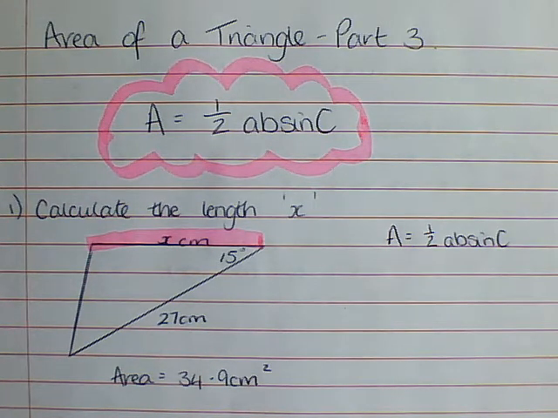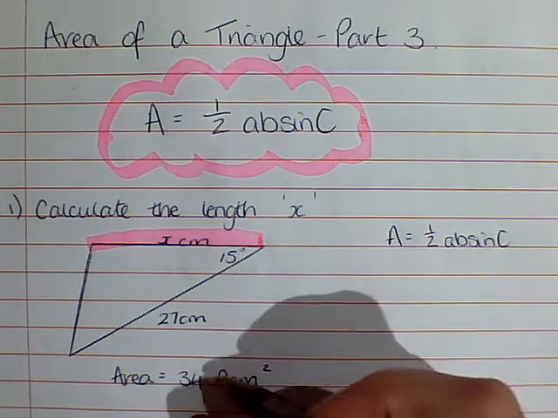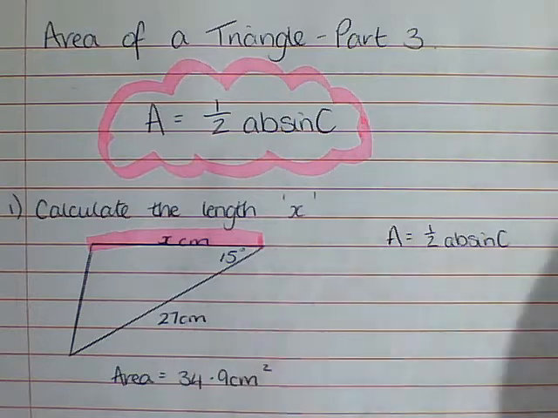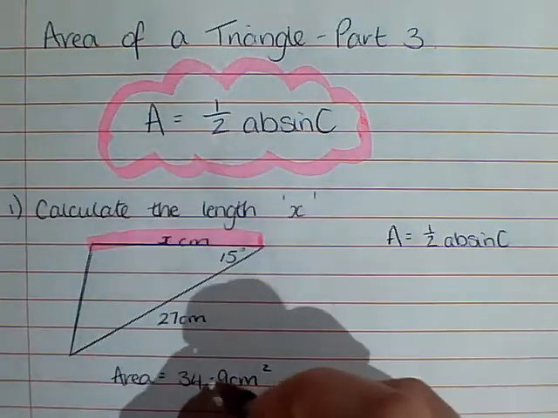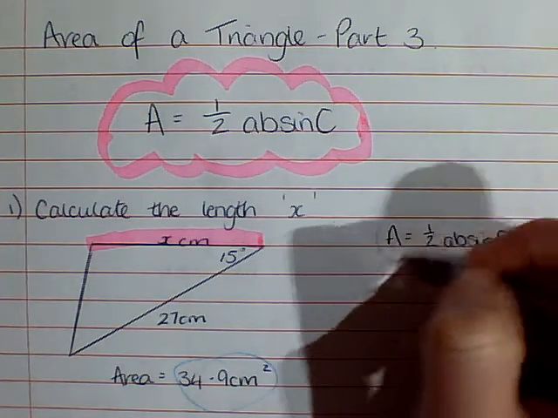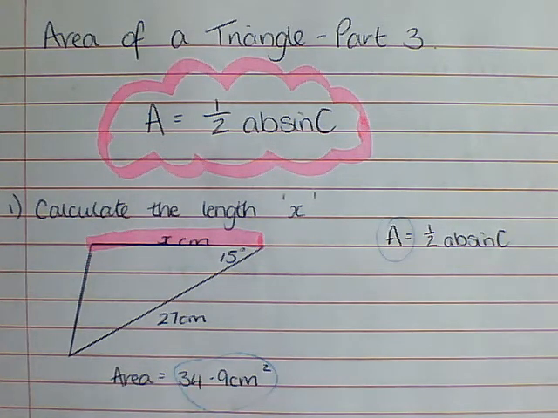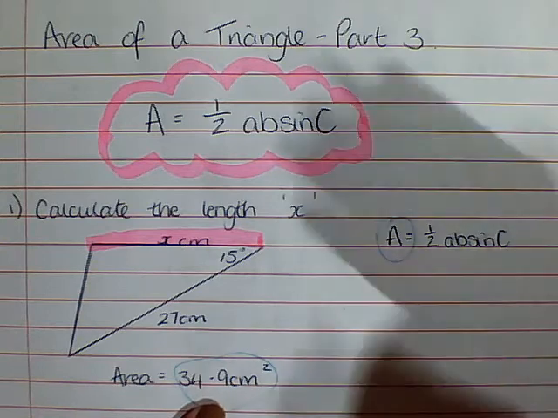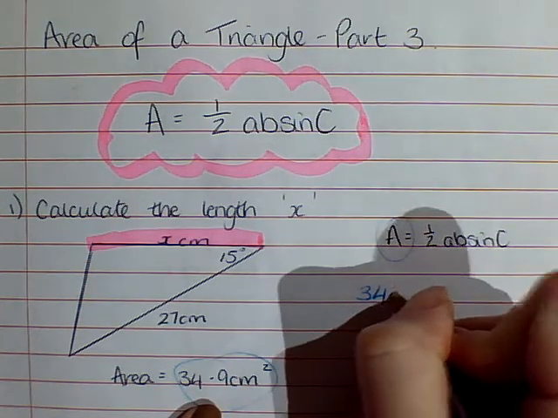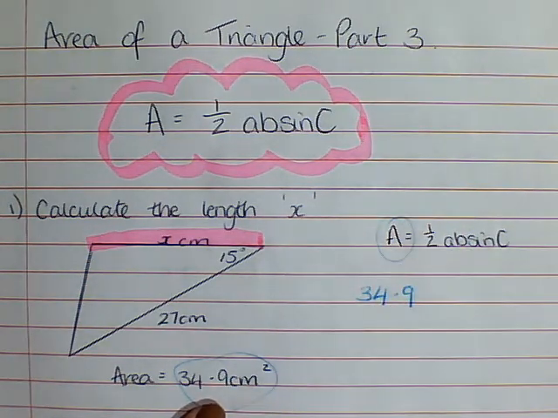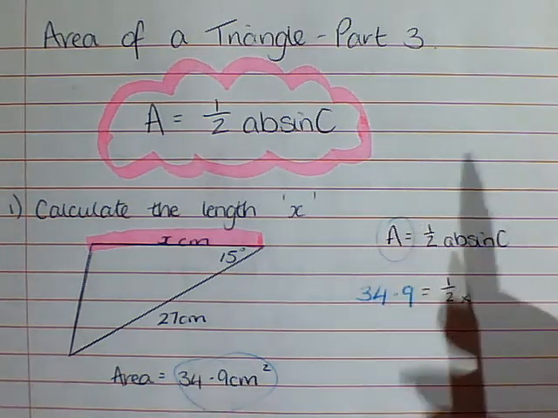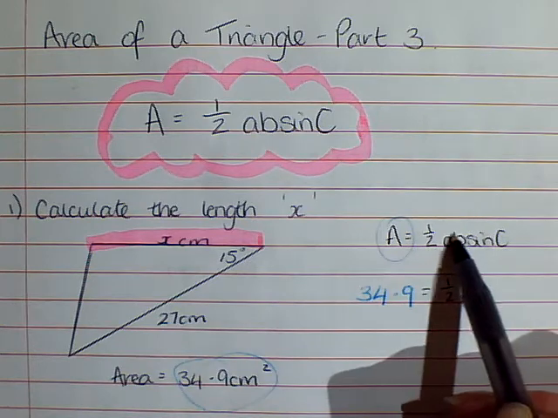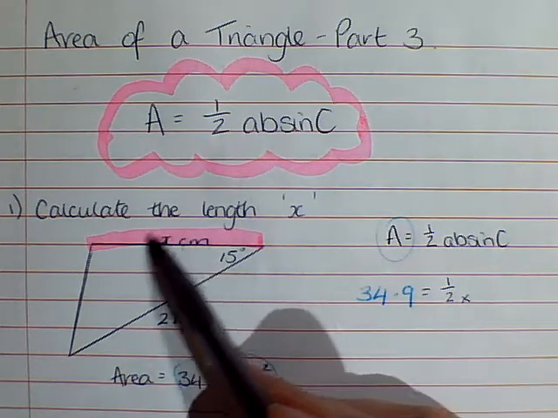Now we've been given the area. The area is 34.9. That 34.9 is going to go into the A, because A stands for area and we know the area. So that's going to be 34.9 equals a half times, now A, if we like, is this x.